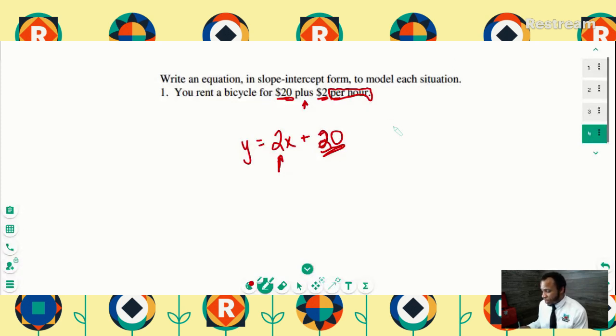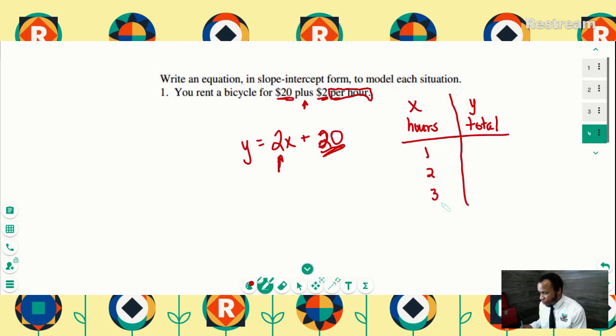So let's take this a little bit further. Let's look at this, and x represents our hours, and y represents our total. So we have a total. So now we have 1, 2, 3, 4, 5.